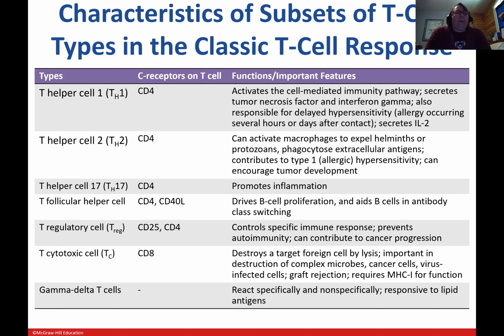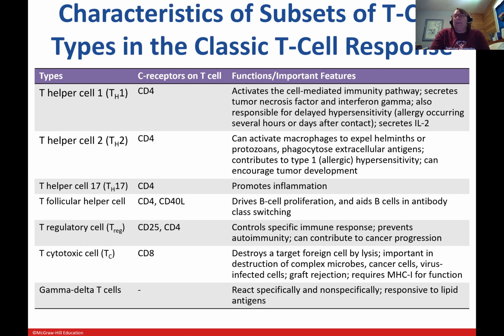Okay, so Th1 types of helper T cells tend to have CD4 receptors on the outside, and they activate that cell-mediated immunity pathway. They're the ones that are going to be waking up cytotoxic T cells, and they secrete cytokines like tumor necrosis factor and interferon gamma.